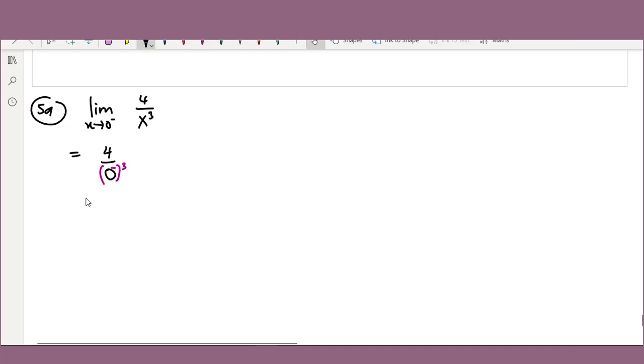So 4 over 0 is undefined, infinity. Since the base is negative and the cube is an odd power, the sign is negative. Then just write 4 over 0 is equal to negative infinity.